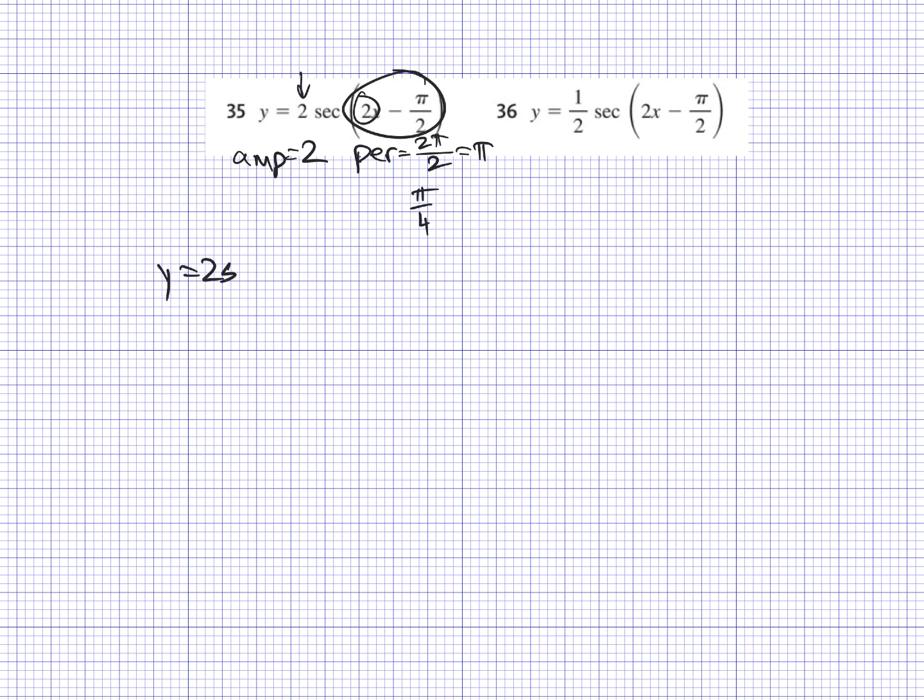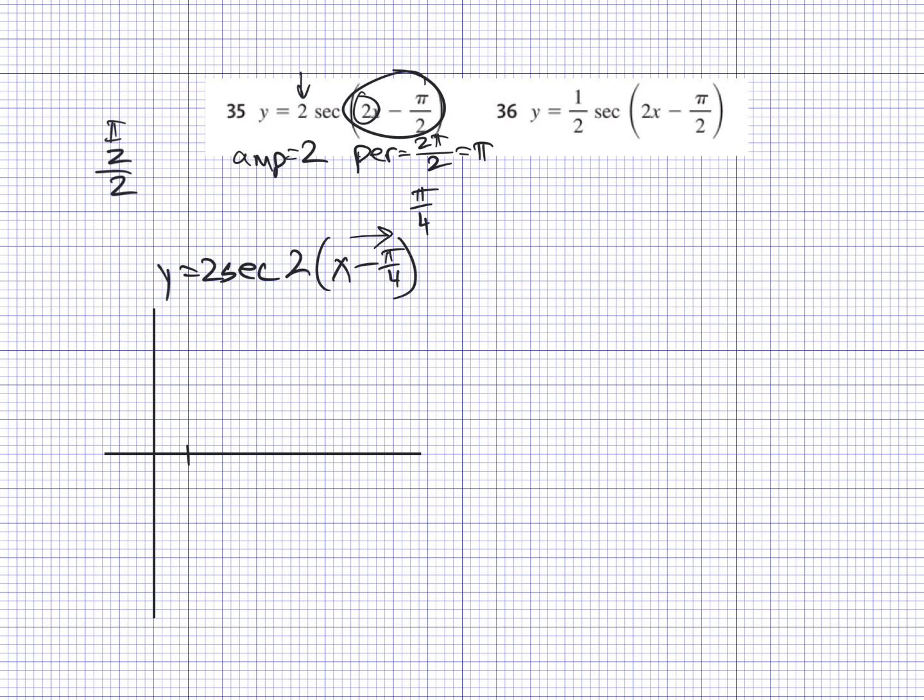Y equals 2 secant. If we divide out the 2, we get x minus, and that's pi over 2 divided by 2, which is going to be pi over 4. Okay, so now we can draw this. And it is shifting to the right. So how far to the right? It is shifting to the right by pi over 4.